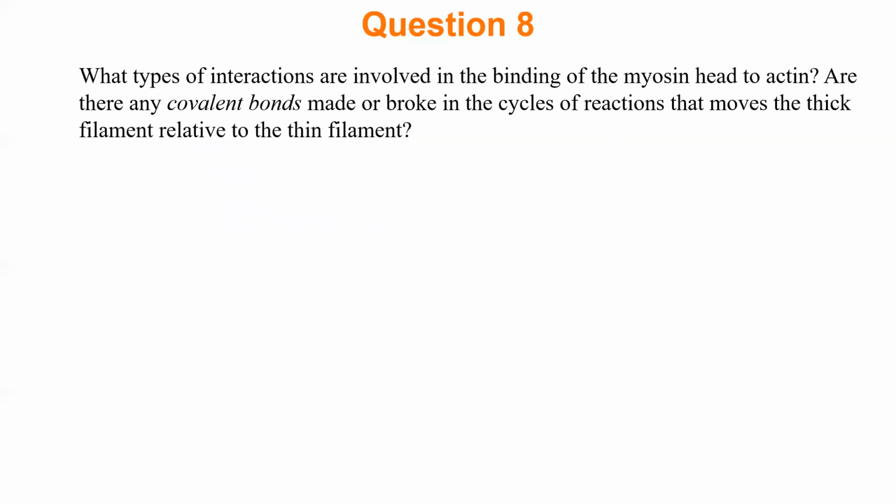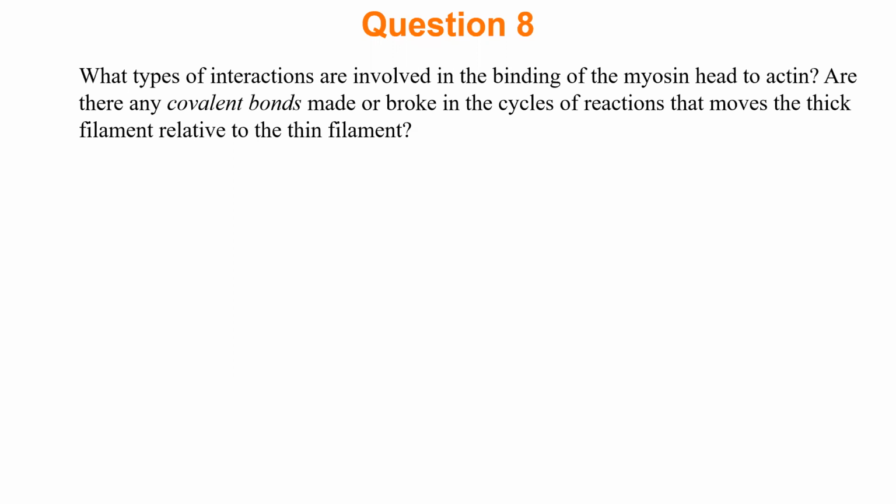All right. So another question here that goes back to more or less general chemistry. When we're talking about the interactions of myosin to actin in the power stroke, are we breaking any covalent bonds in this cycle?